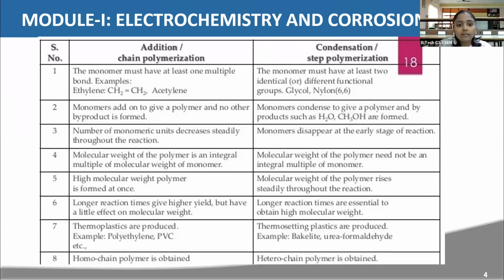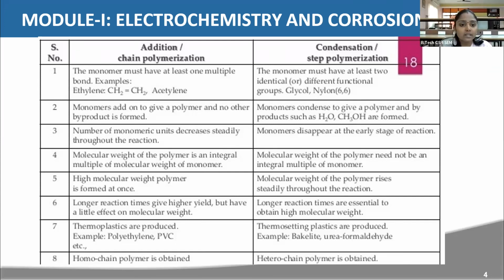Next, the number of monomeric units decreases steadily throughout the reaction, and monomers disappear at an early stage of the reaction. Here you can observe chain polymerization. The number of monomeric units decreases steadily because the monomers are converted into polymer.